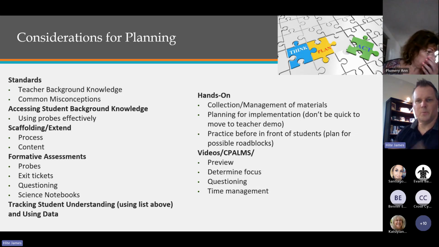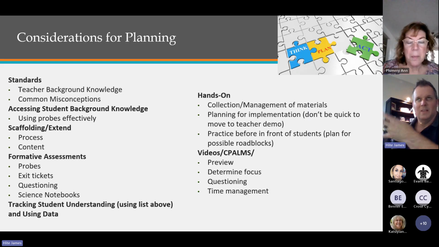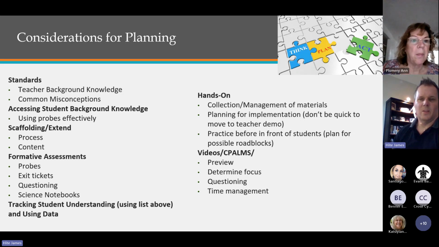So we want you to personalize these things. Once you download them, they're in your hands, and if you need to extend and spend more days on a certain subject than others, that's totally cool. If you've used things in the past that work really well and get results, totally fine. So we want you to be able to personalize these things.